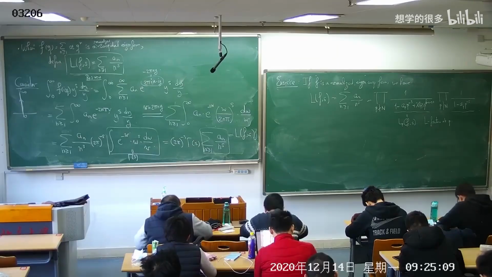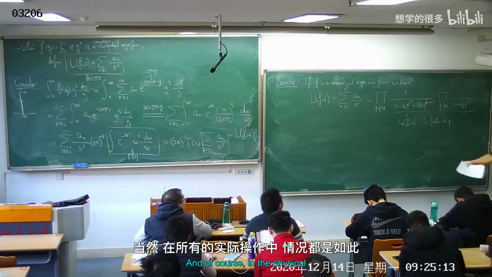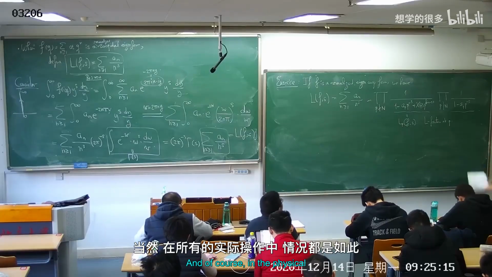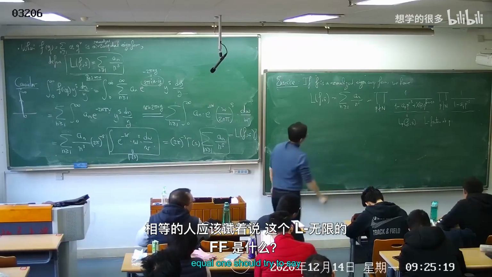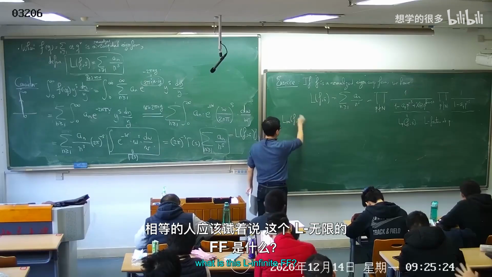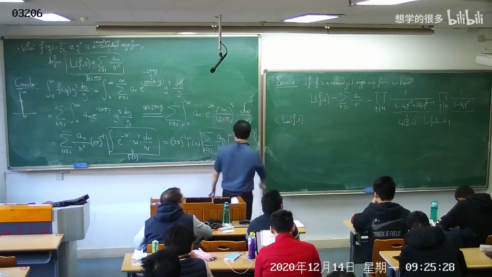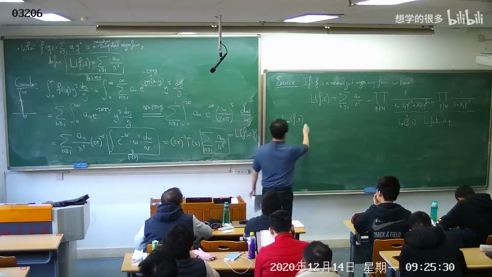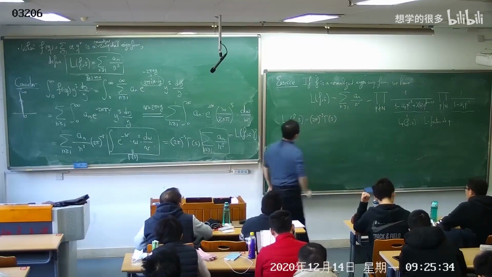For a general L function, it's a product of L factors at each of the primes. And of course, in the principle that all primes are equal, one should try to say what is this L infinity of f. And that is precisely the factor.